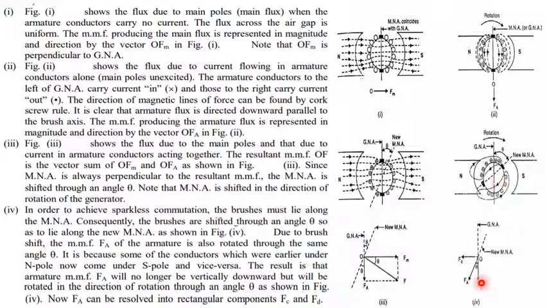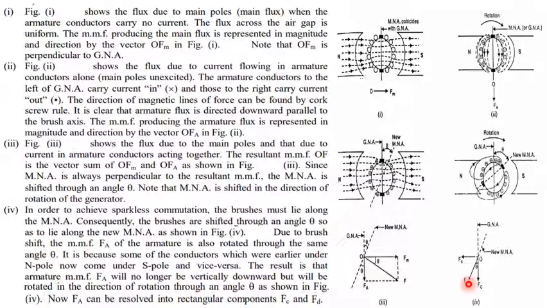So here we can represent the force. Again here, two force components can be represented. Now, what are the two force components? Here, FA is the armature flux force, and this can be resolved into two components.